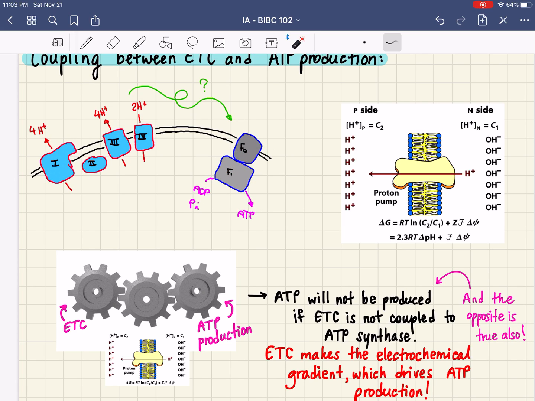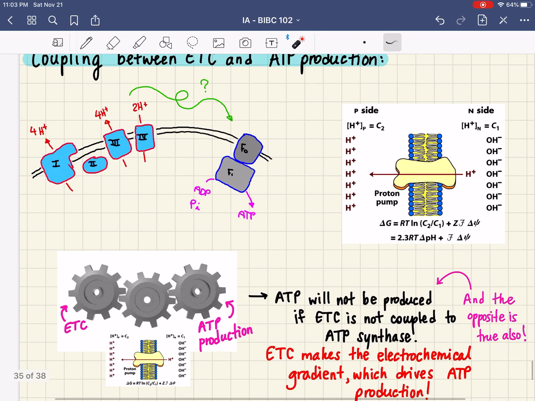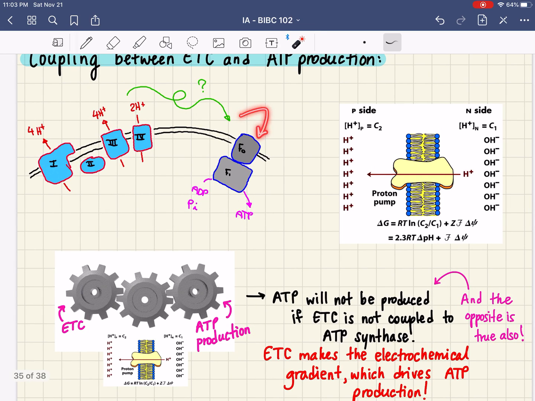So you can tell how this gradient is responsible for ATP synthesis activity. And what makes the gradient? ETC does. So you see how ETC makes the gradient that allows ATP synthase to work.